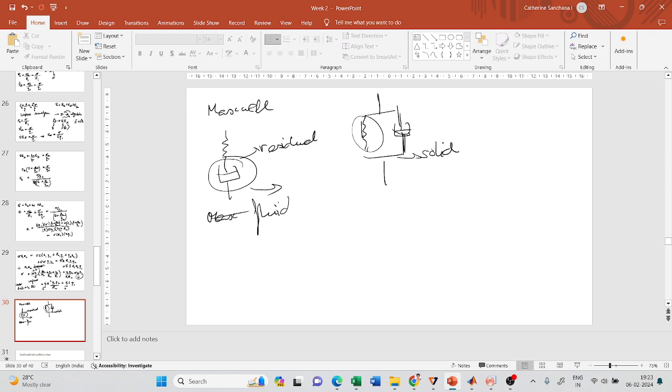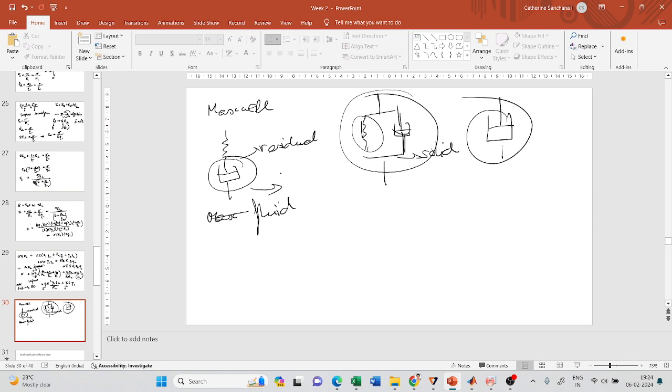So if you see a Burgers model, do you think it is a solid model or a fluid model? It is a fluid model. Why is it a fluid model? Though it has a Kelvin element to bring this deformation to zero, it has a dashpot hanging separately, right? It is all alone. So when the stress is removed, there is going to be residual deformation because of this dashpot.